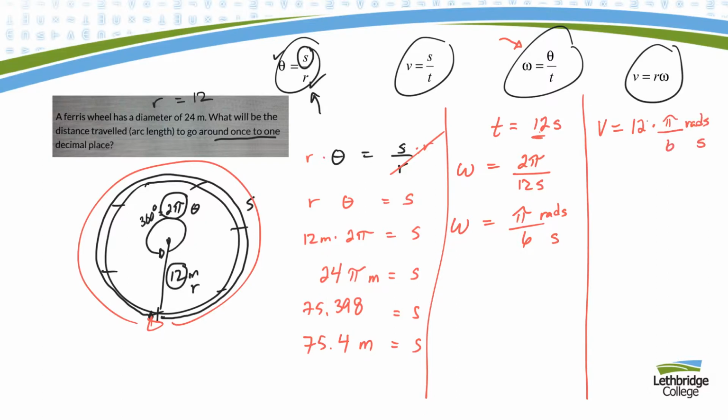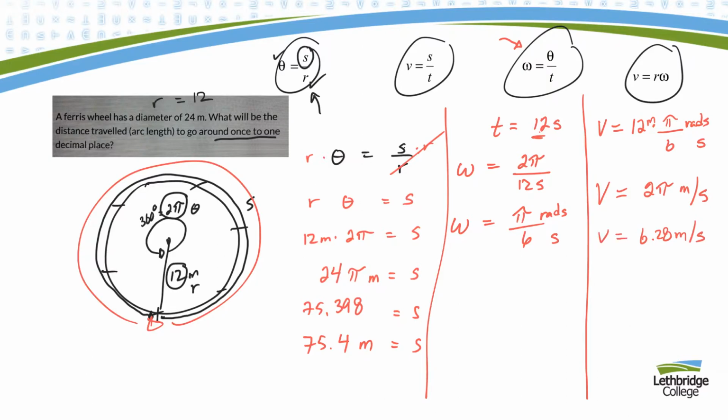Oh, and the radius is 12 meters. So your velocity would be 12 divided by 6 is 2, so it would be 2 pi meters per second. That's how fast you'd be going. Or roughly 6.28 meters per second, which is fairly fast, actually.